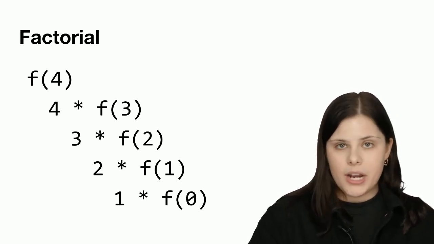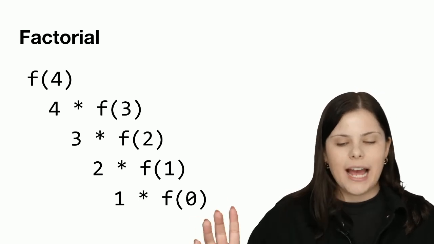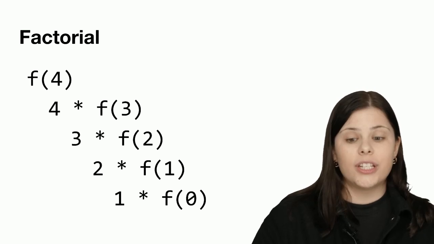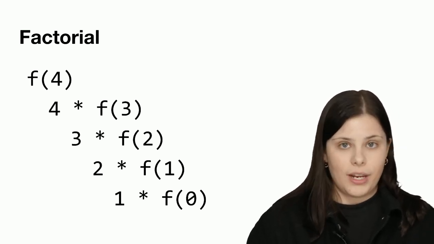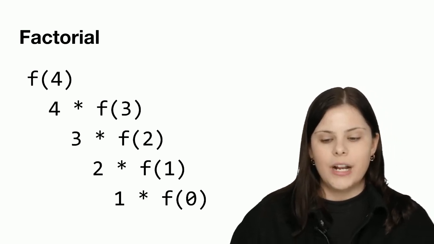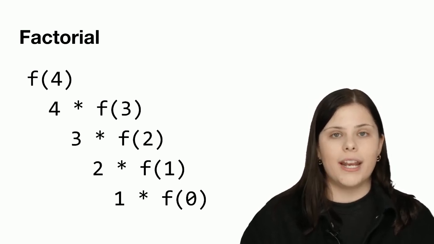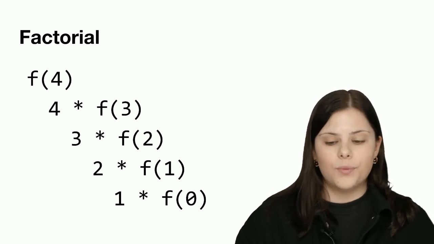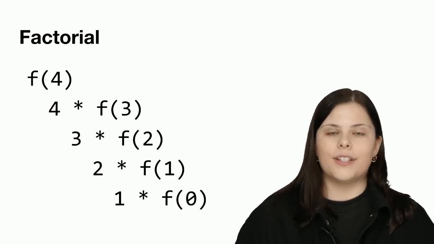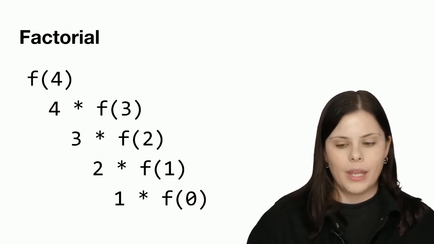I put in the computer 4 and I want to get the factorial of that number. But breaking it down, we can see that it really is just 4 times factorial of 3, which in turn is 3 times factorial of 2, etc., until we hit 0, in which case factorial of 0 is 1, and we can stop. There cannot be factorial of a negative number.